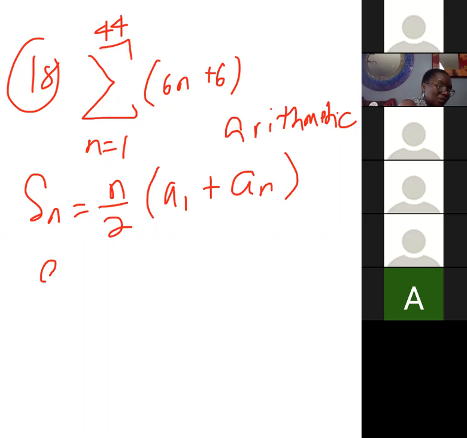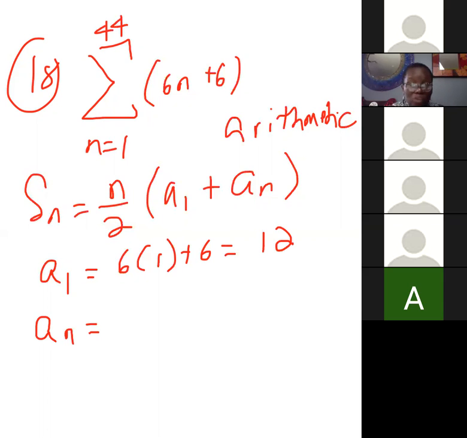A1 is the first term, so the first term in the sequence will be 6 times 1 plus 6, which gives you 12. An will be the last term, as in the 44th term, so you would do 6 times 44 plus 6.